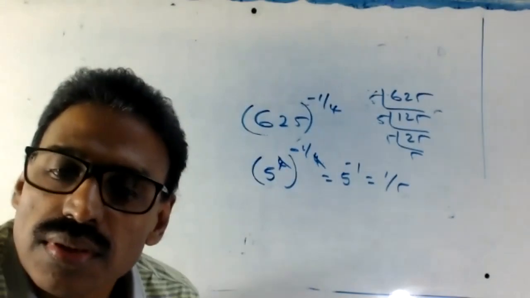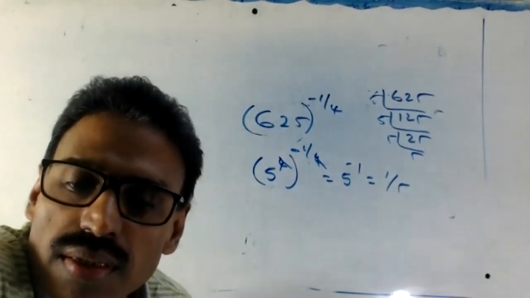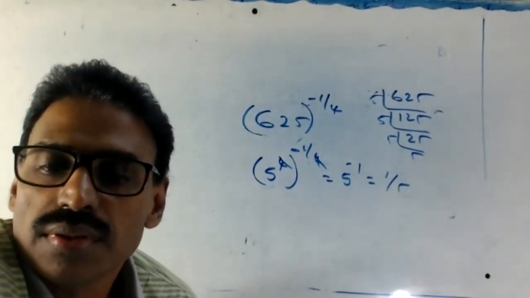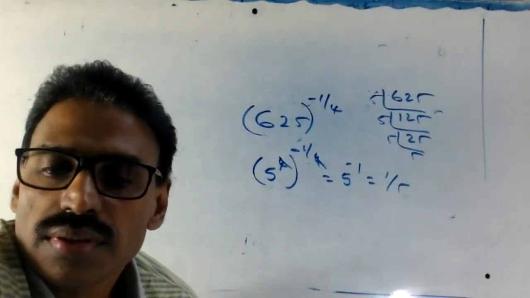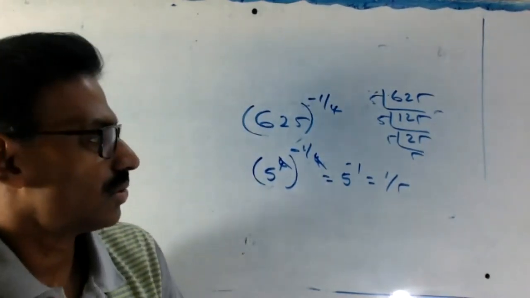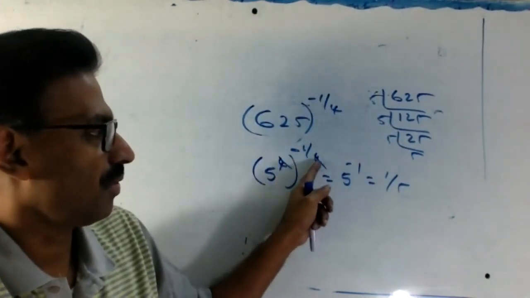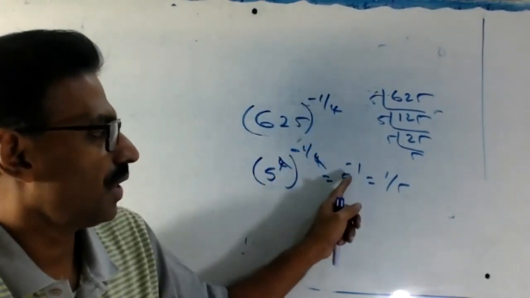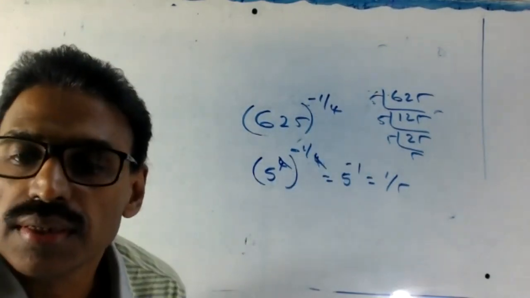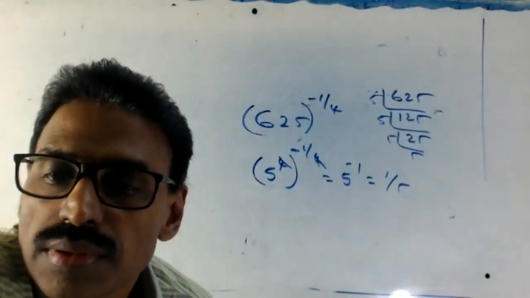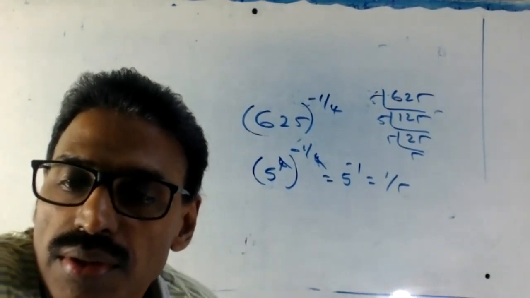This is your doubt? Come on, this is your doubt? Okay, so 1, 2, 3, 4. 5 raised to 4, whole raised to minus 1 by 4. Because 4 cancel, 5 raised to minus 1 equal to 1 by 5. Okay. How come 5 square?